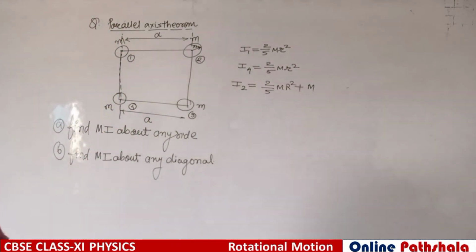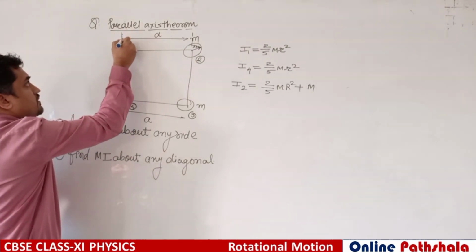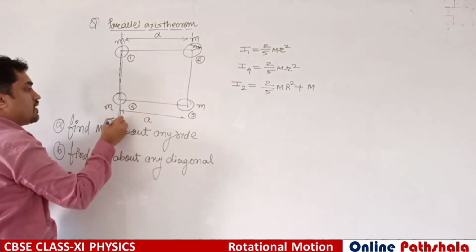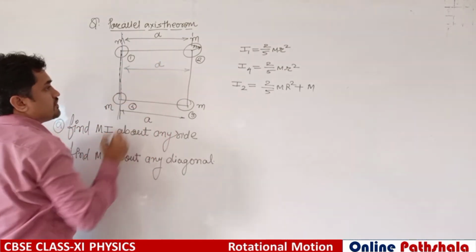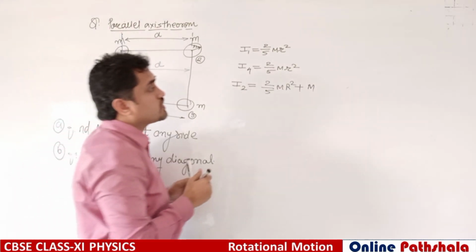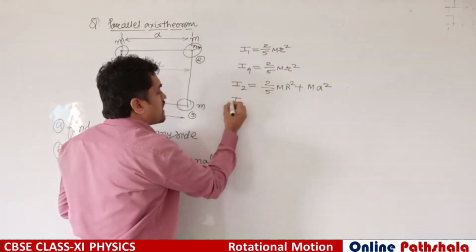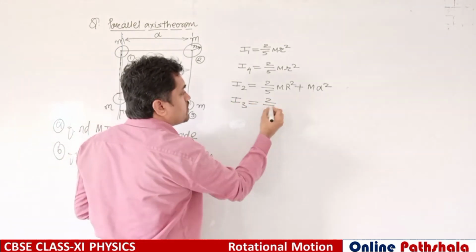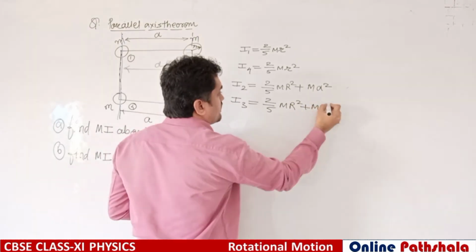Okay, it is the parallel distance a. So mh square, h equal to a, so ma square. Same for I3, it is 2 by 5 mr square plus ma square.